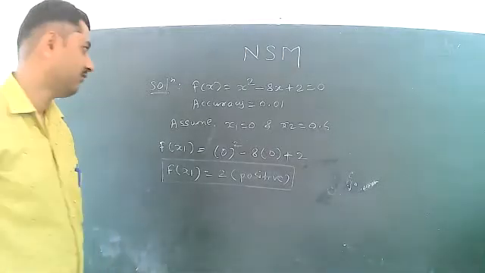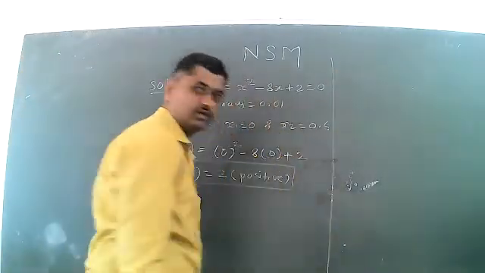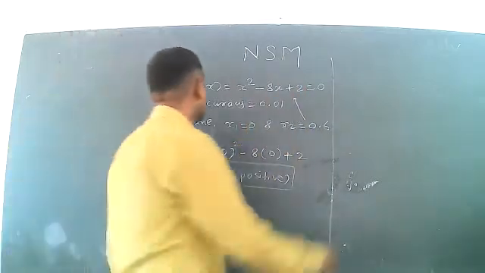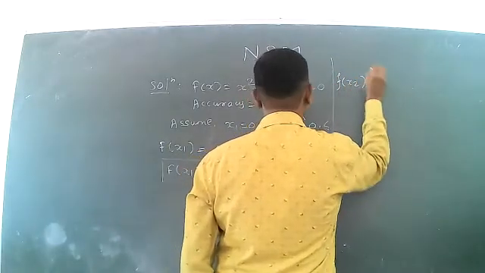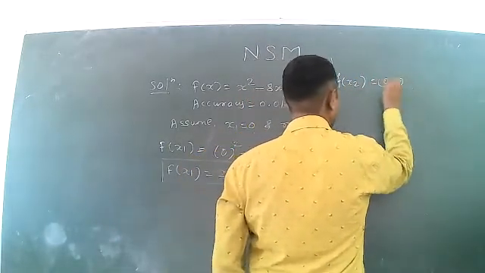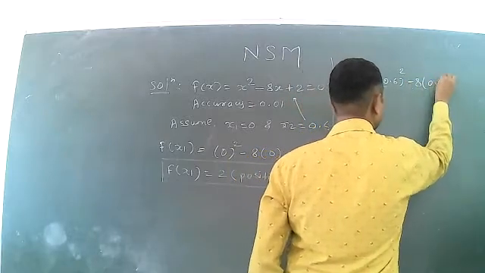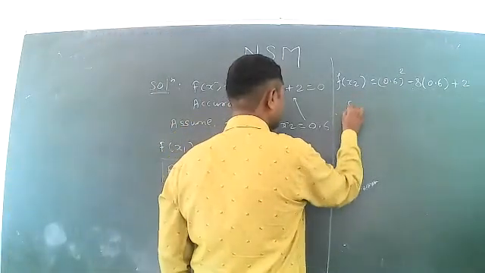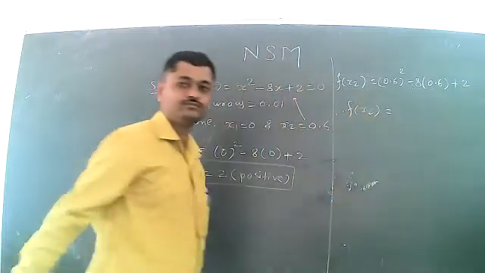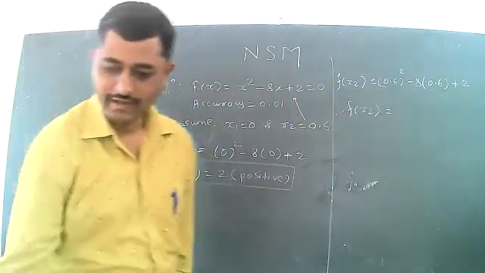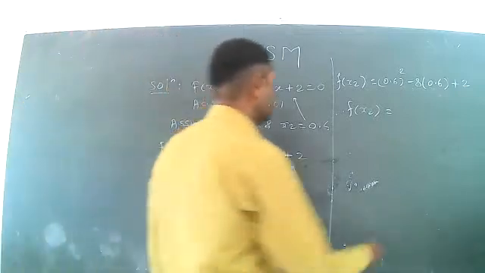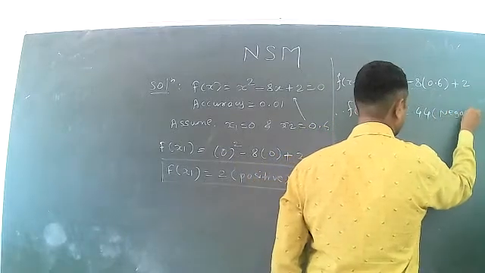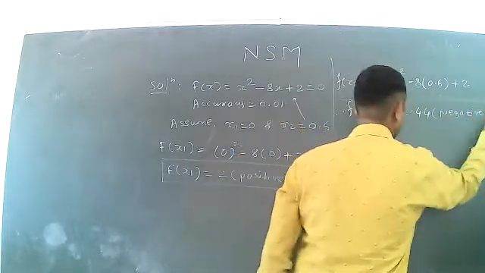Then find f of x2 by putting x2 equal to 0.6 into the function equation. f of x2 is 0.6 square minus 8 into 0.6 plus 2, which by calculation is minus 2.44. It is negative.